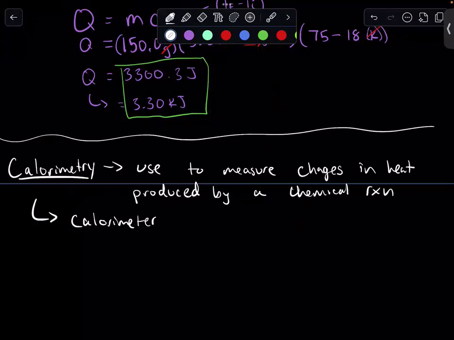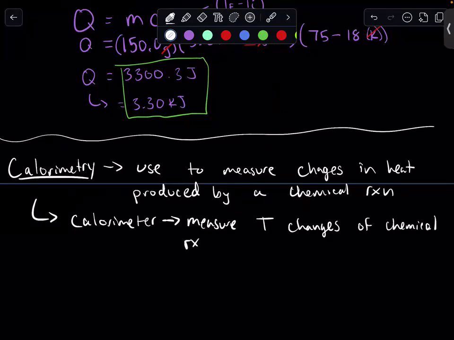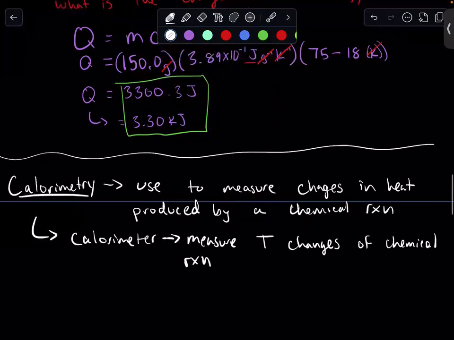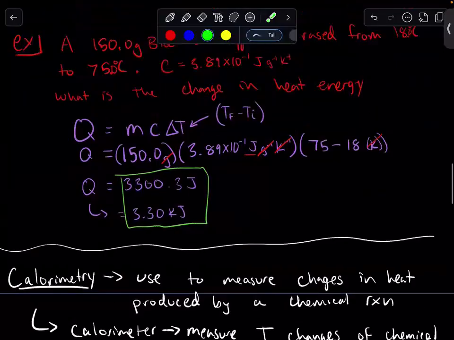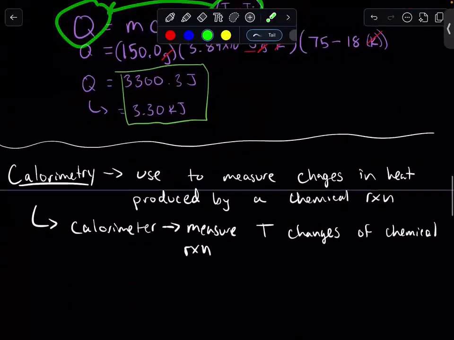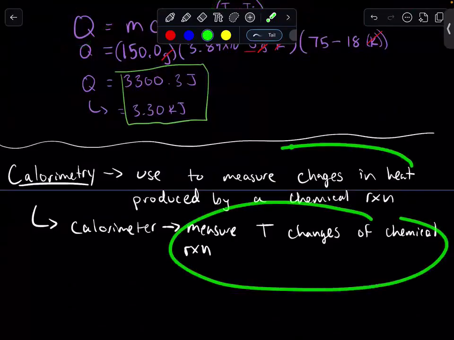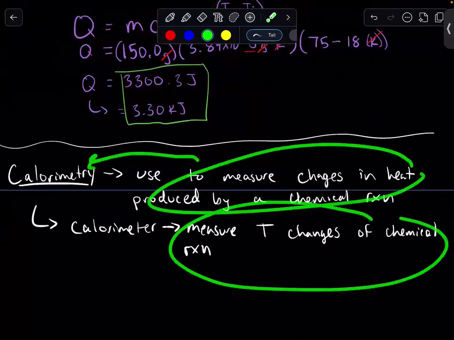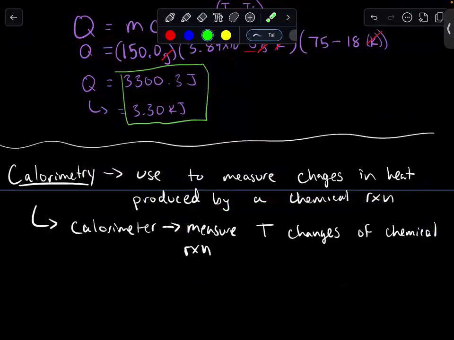It's a pretty self-explanatory tool, but what calorimeters specifically do is measure temperature changes of chemical reactions. So we can see how temperature changes are useful. Once we have a change in temperature, we can find the change in energy. So we use our temperature change to find our heat change, and that is what calorimetry is used for.